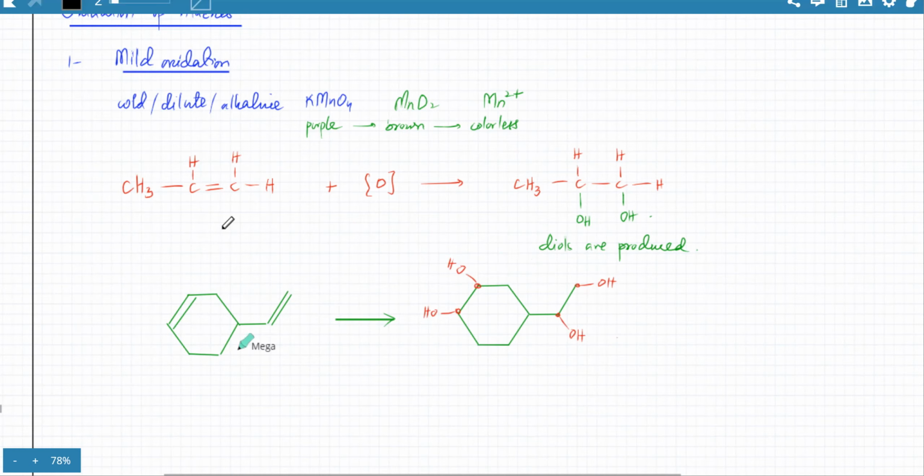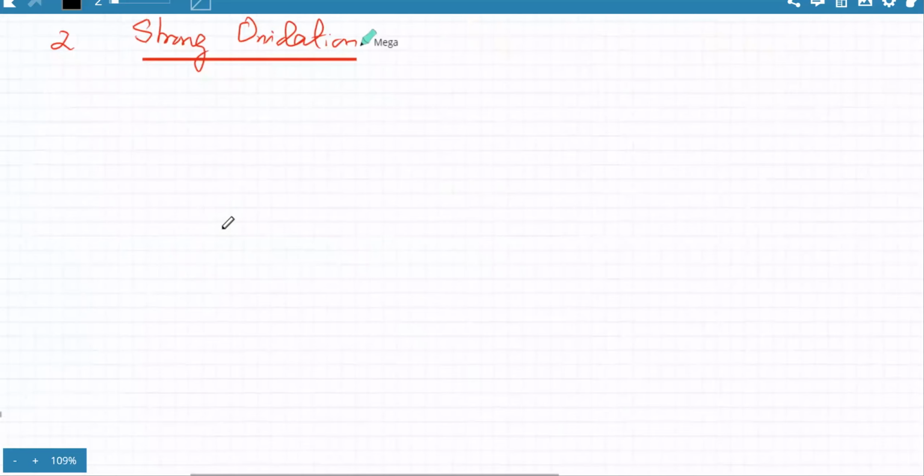So the next part is the tricky part, which is strong oxidation. Strong oxidation uses the same oxidizing agent, but the conditions would be strong.